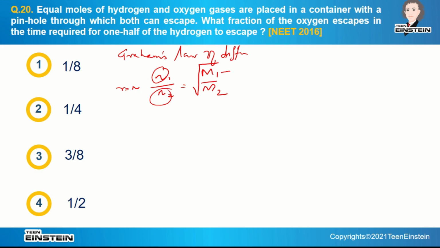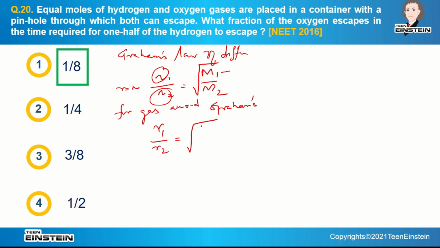So by Graham's law of diffusion of a gas, the equation should be r1 divided by r2 is equal to root of m2 by m1.